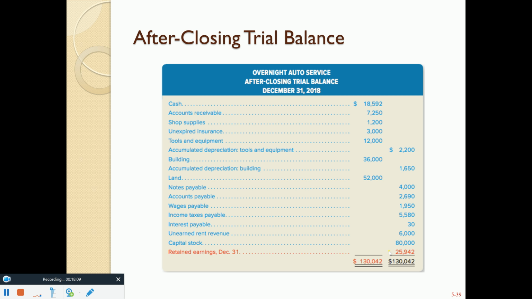The adjusted trial balance that we started this chapter with had a retained earnings balance of 0, but it had the breakout of the revenue, the expense, and the dividend accounts. In the after closing, all those balances are now 0, and they're all consolidated into this one number.